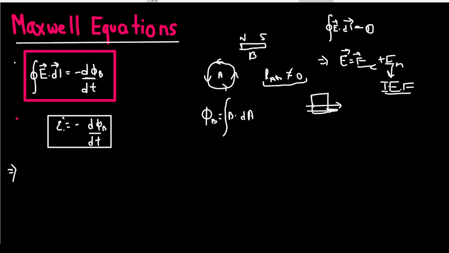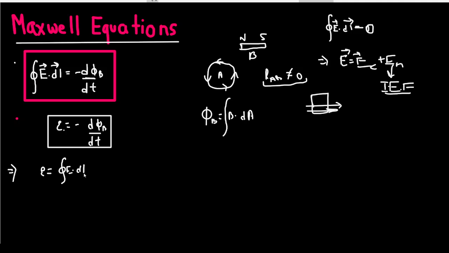Whenever you study the battery, the EMF is very important, because EMF is what moves the electrons from the positive to the negative terminal, so that there is a flow of current. So we can write that the EMF can be written as the closed integral of E dot dl.